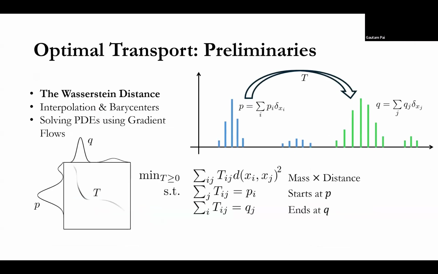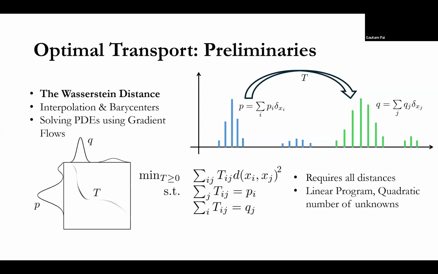We can discretize this and ask for a matrix T which minimizes mass times distance, such that if you add up along each dimension, you get each of your marginal distributions. Generally speaking, this would require all possible distances, and one has to implement a linear program, which typically contains a quadratic number of unknowns.